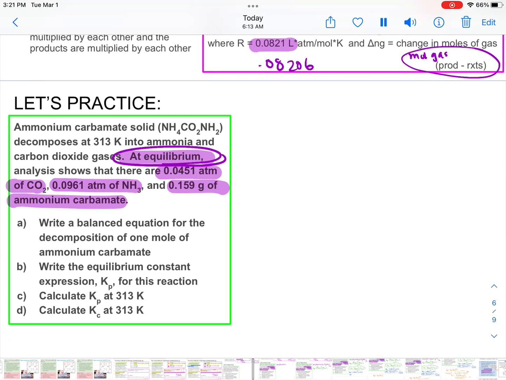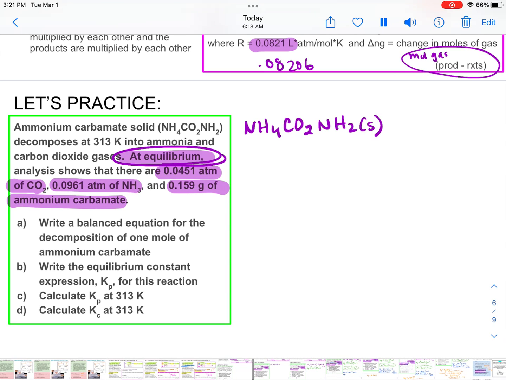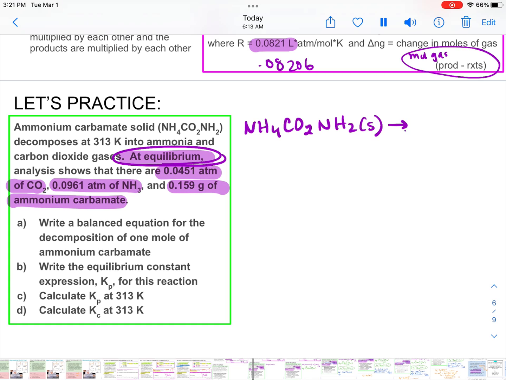All right, so part A says write the balanced equation. If you want, you can do this on your own. Stop the video and restart it. Let's see. This is a solid, and I definitely need to know that as I'm working an equilibrium problem, because remember that solids won't go into the equilibrium expression. And then I'm going to have my double arrow.